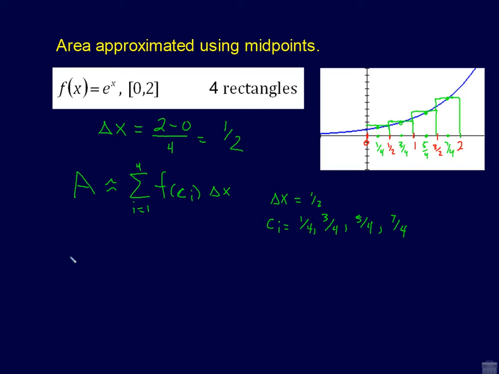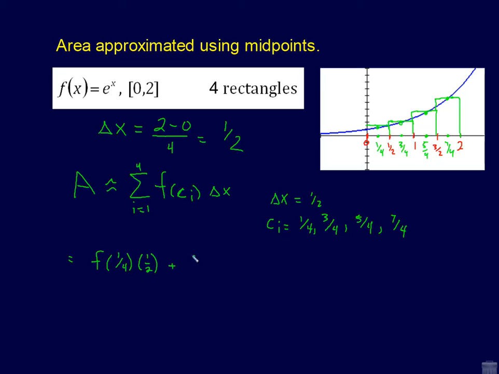And all I'm going to do now is write it out in the notation of the sum here. So the first rectangle, the height is the function value evaluated at 1/4. And then the width is a half.